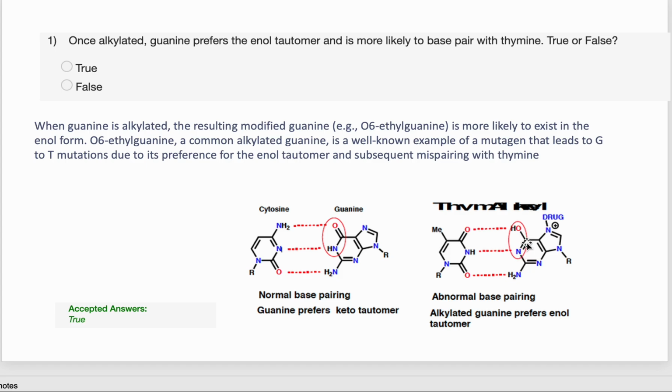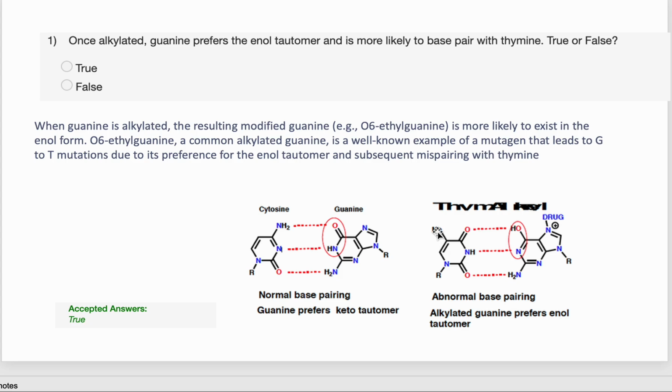And once it becomes this, it does not want to form a base pair with the normal cytosine. It's more interested in forming a base pair because the OH will form a hydrogen bond here, and it starts forming a bond with thymine rather than cytosine.